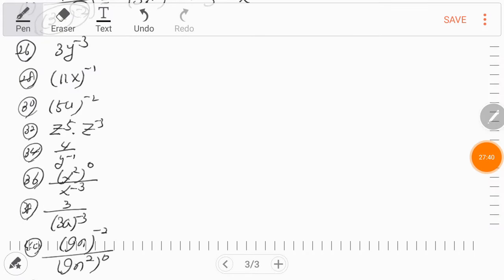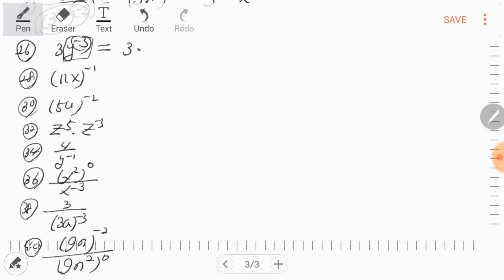Okay, this time let's try to simplify exercises on page 232. So let me do the even numbers. So number 26 is, okay, make the negative exponent positive. So we can move this exponential form to the denominator. Okay, 3y, in this case, the 3y is not the base, y is the base.